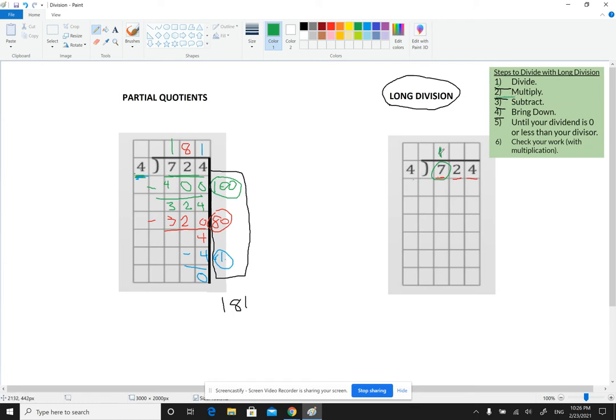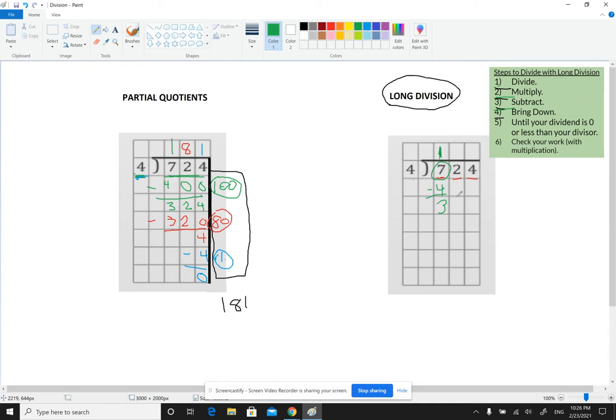I'm going to multiply that one group times 4 and I'm going to put it here to figure out how many I have left. So 7 minus 4 is 3. Right now I'm subtracting. So again, I am dividing 7 into 4 and then I am multiplying what I get. I got one group, right? So now I multiply that one group times 4 and I get 4 and I subtract it to get 3.